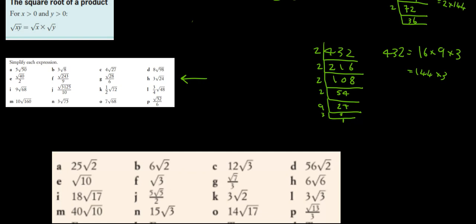I don't know which one looks difficult. J looks a little bit difficult. The root of 3,125 over 10. And which other one looks a bit nasty? Let's do M. 10 root.